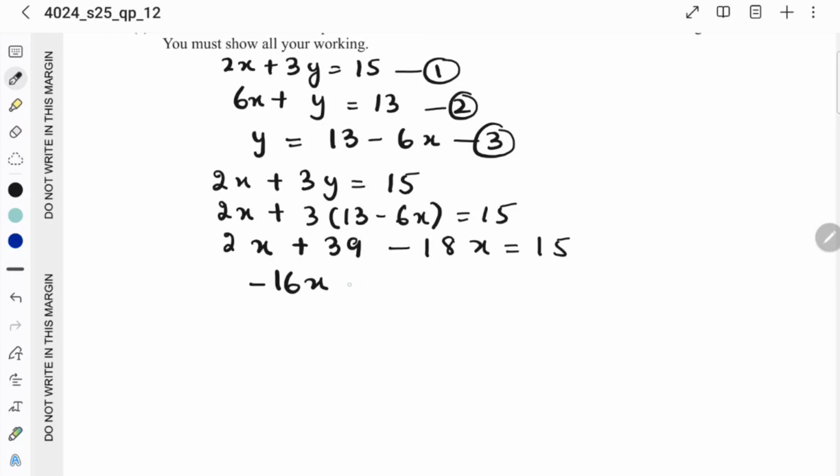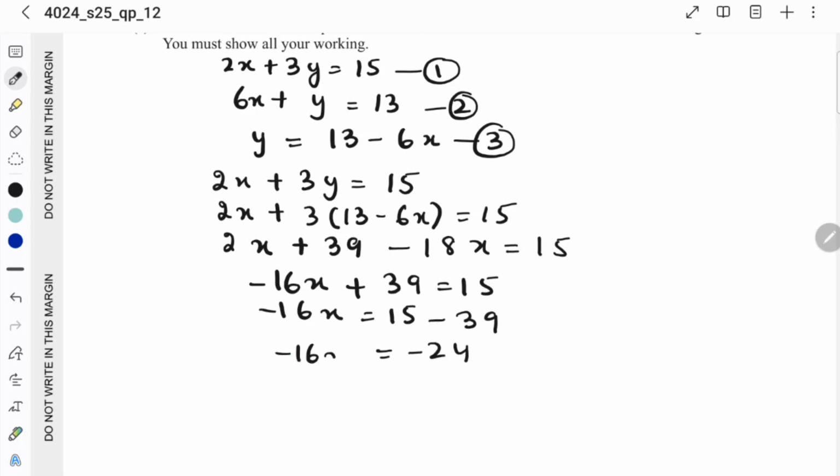Alright, so that is plus 39 equals to 15 minus 16x is equals to 15 minus 39, which is minus 24 minus 16x, and x is equals to 24 over 16. Cancel the negative sign.